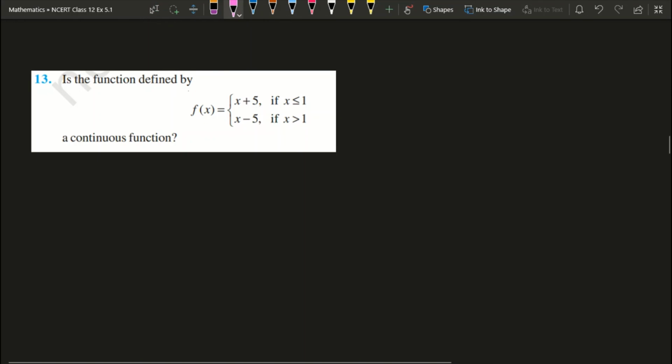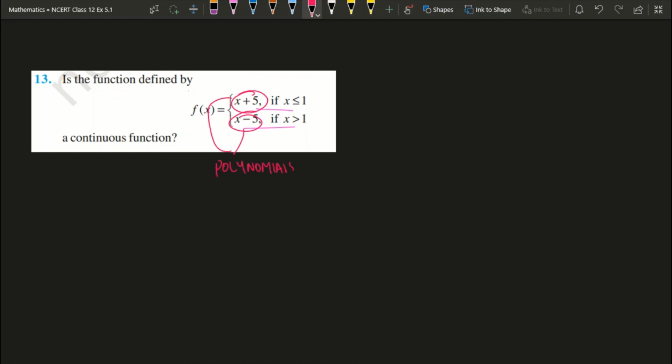So the problem is: is the function defined by f of x equals x plus 5 if x is less than or equal to 1, and x minus 5 if x is more than 1, a continuous function? So again, x plus 5 and x minus 5 are both polynomials.